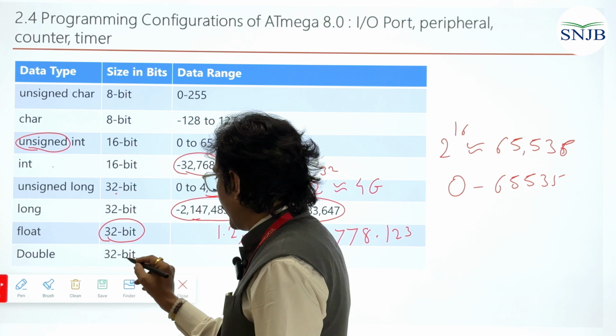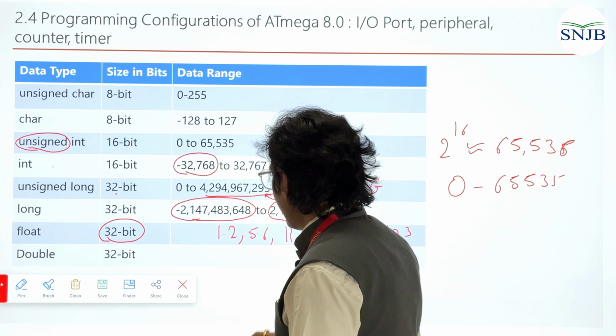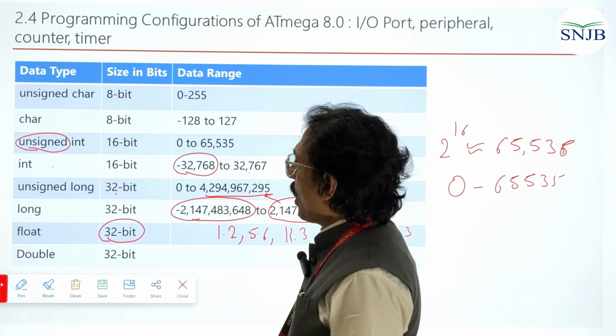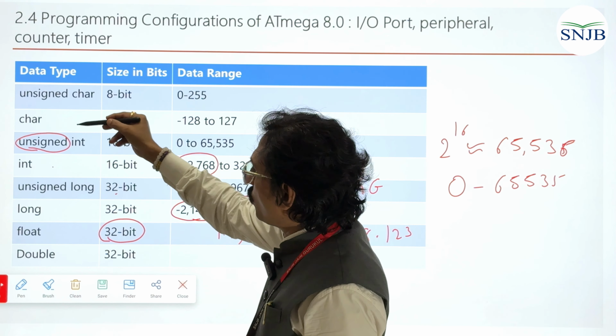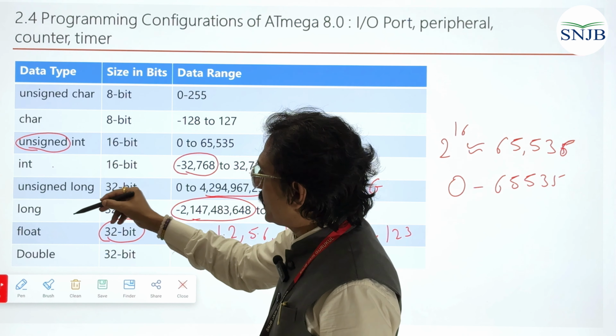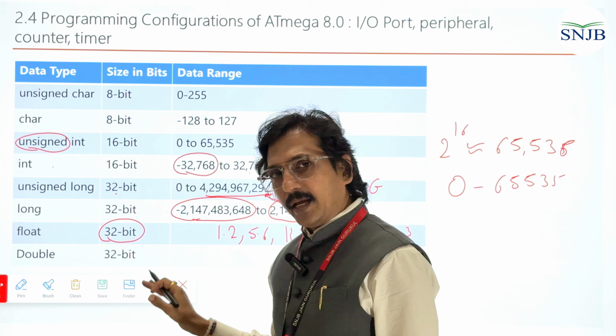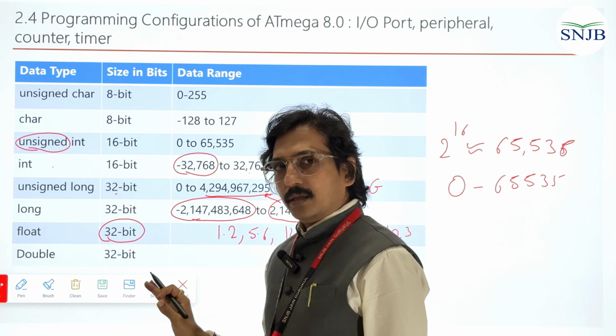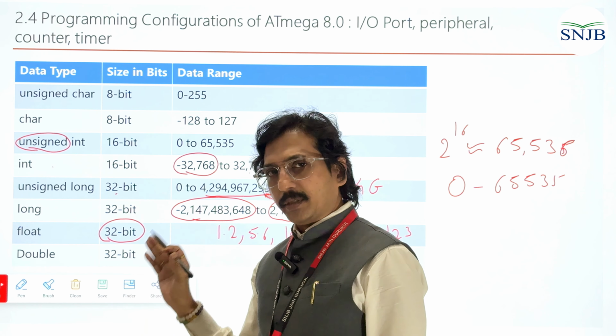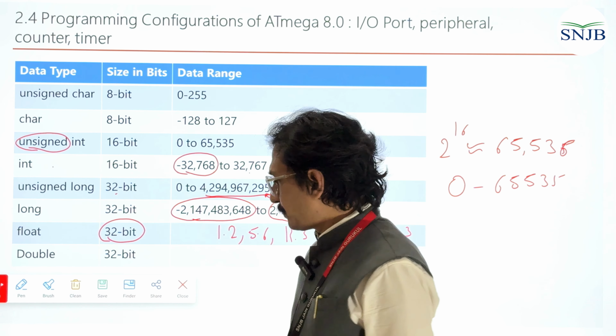Double is also 32. It is also supporting fractional values. So how many casts are there? 1, 2, 3, 4, 5, 6, 7 and 8. 8 variable casts are present in our embedded C language, specifically for AVR.